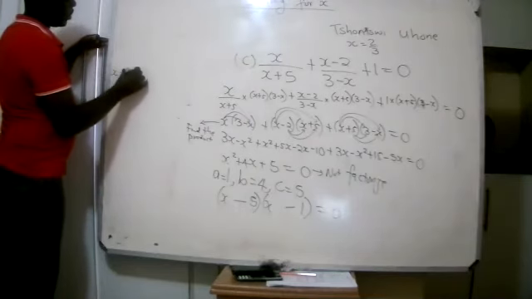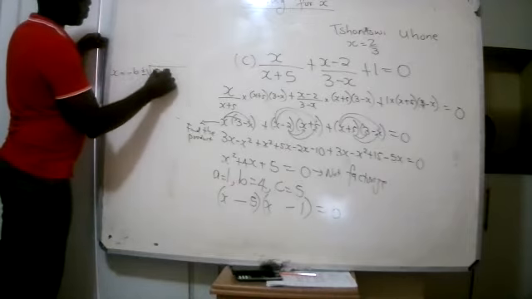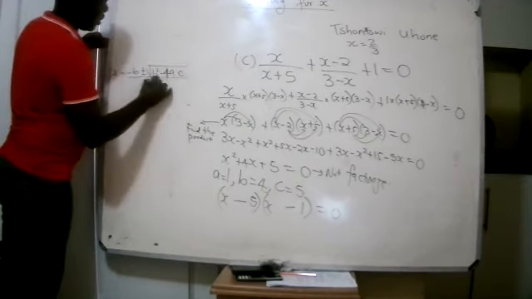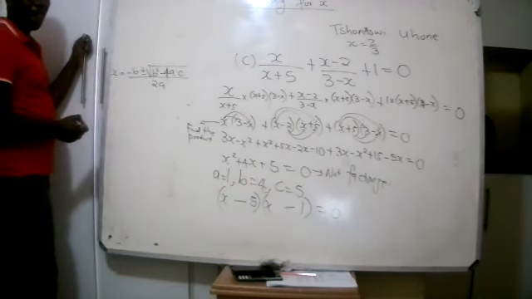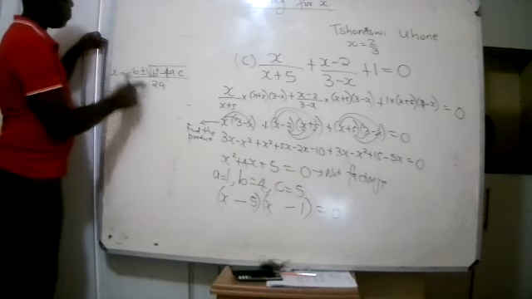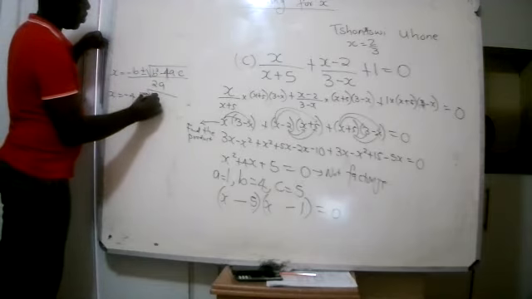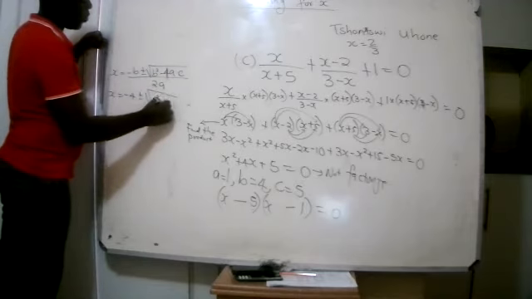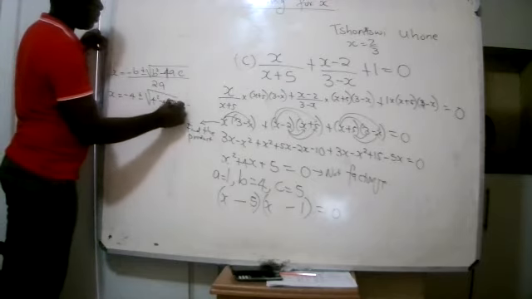x is equal to negative b plus or minus the root of b squared minus 4ac, divided by 2a. Then from there, x equals negative b, substitute 4. So 4 squared minus 4, and then for a substitute 1, for c substitute 5.